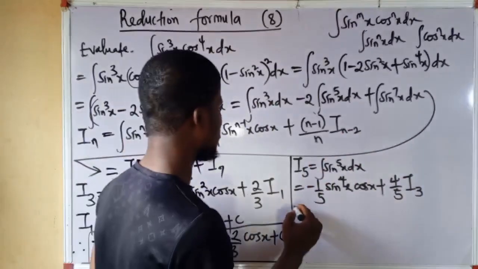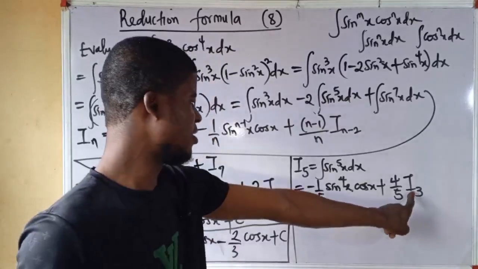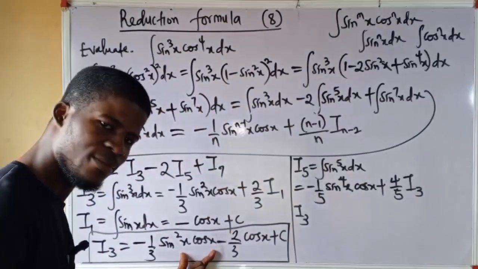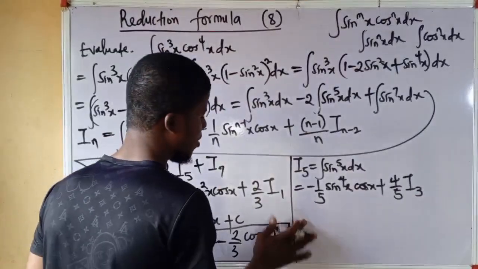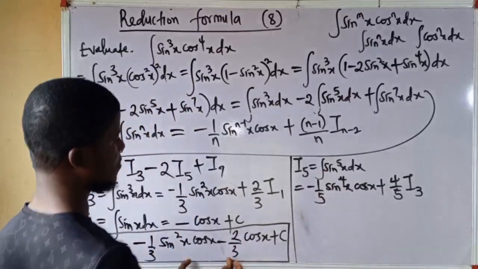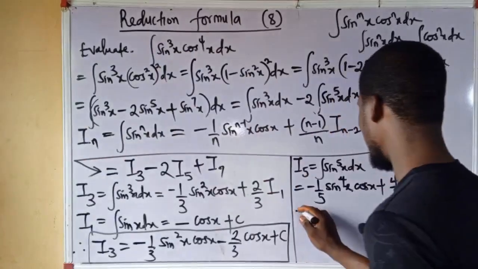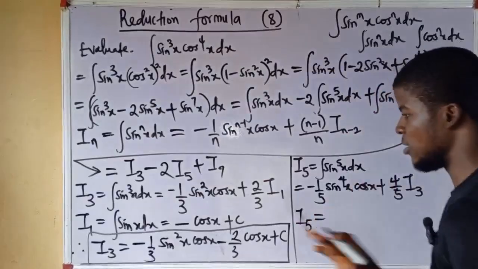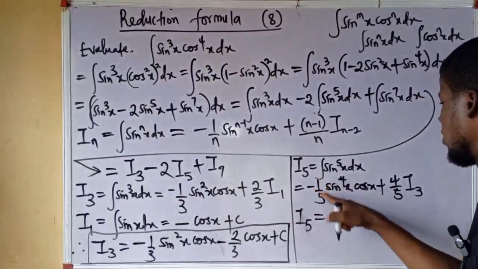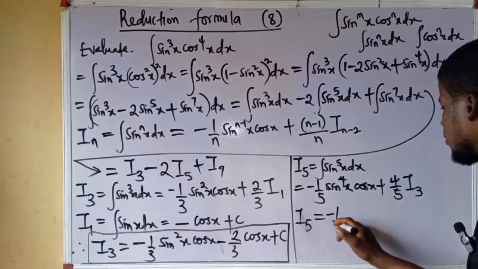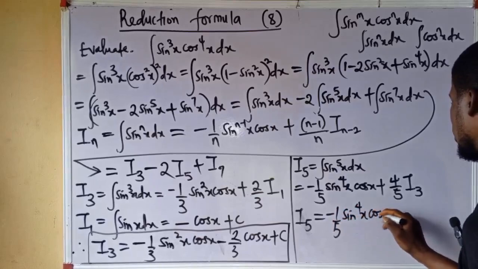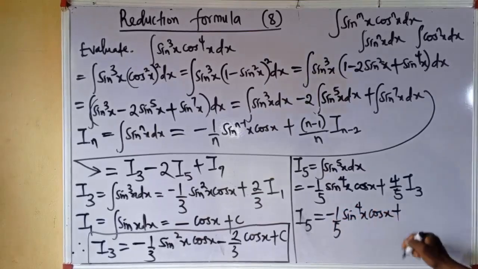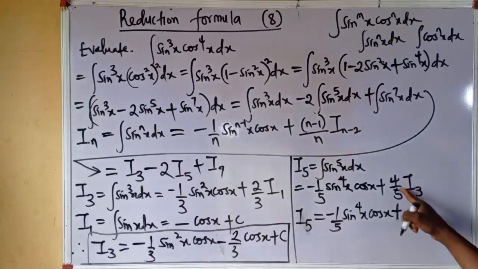So if we are to determine I3, I3 is everything we have here. We've determined it before. Now, I will not bother to determine I3 because we already have it. So our I5 is simply this. Minus 1 over 5 sine 4x cos x, plus 4 over 5.